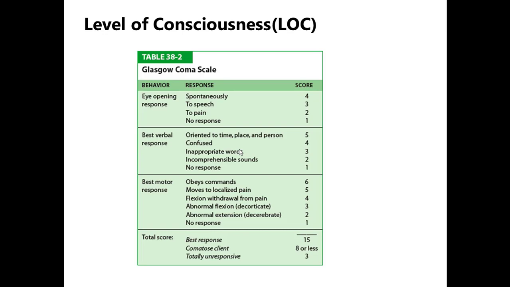Here is the Glasgow Coma Scale. You'll hear it called the GCS. This is what all providers use to determine their patients' level of consciousness. Anytime there's a decrease in level of consciousness, we worry about neuro issues.